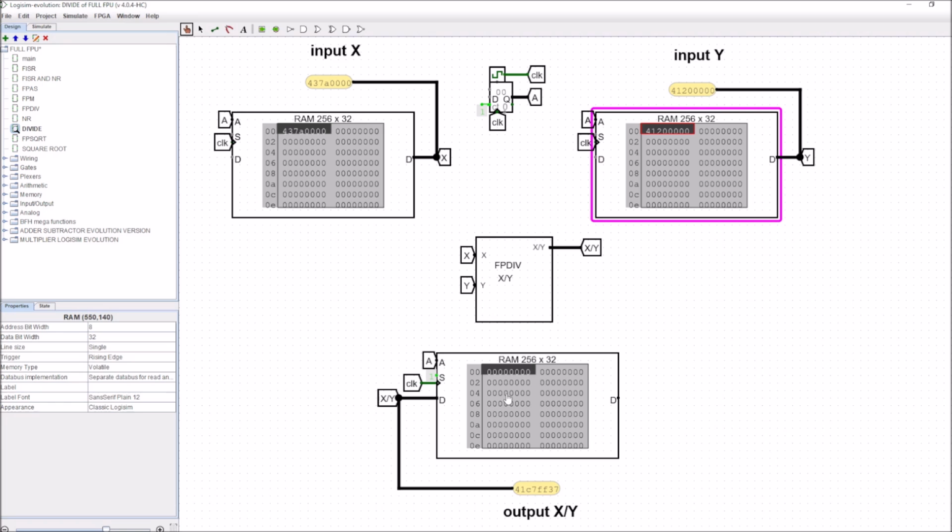So 10 in our 32-bit float is actually, if you look at the bottom here, 41C80000. So you can see we're actually quite close. We're at 41C7, and this is FF37.